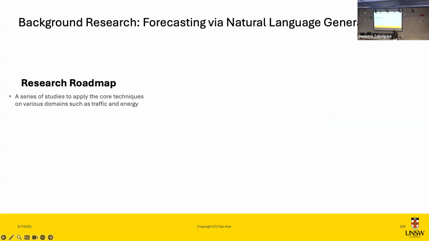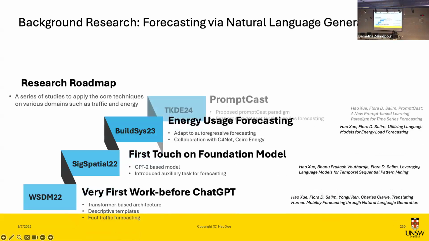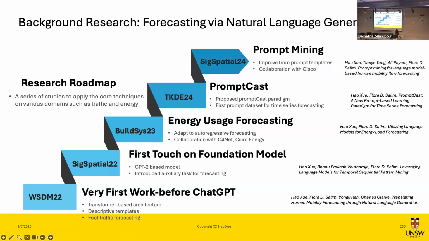So we have actually started, maybe I'll just. This is our roadmap of forecasting with natural language. Our first work on framing forecasting as natural language was done in WISDOM before ChatGPT was released. WISDOM was February 2022.